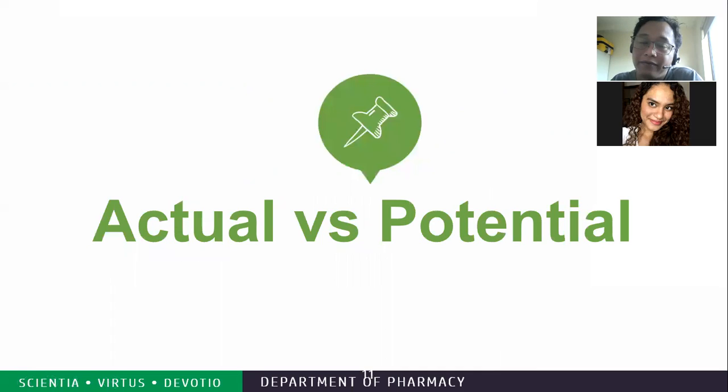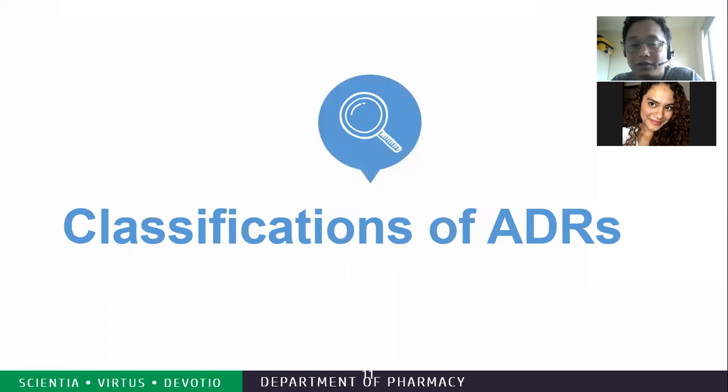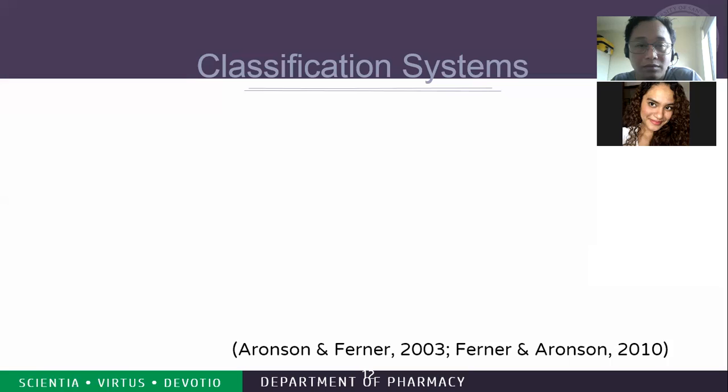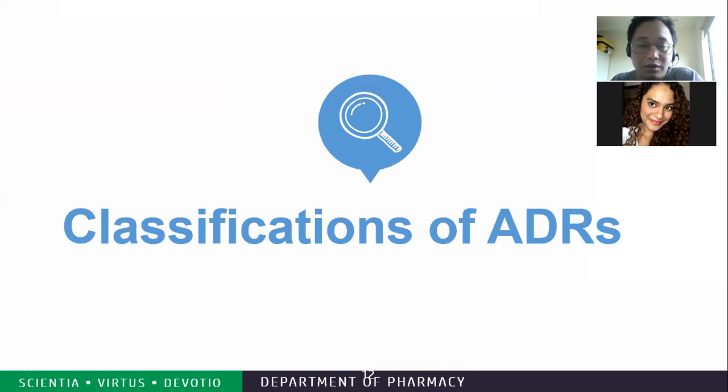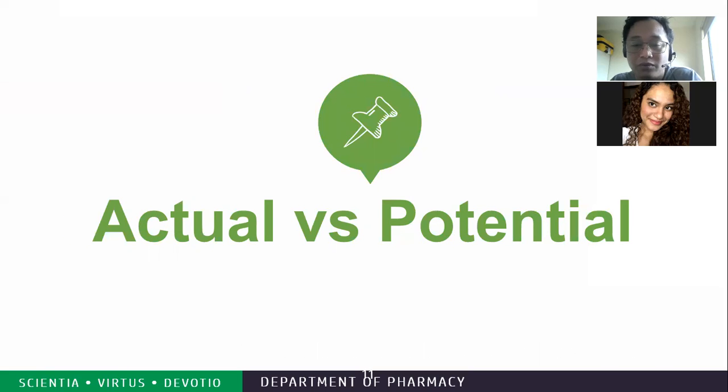So we have the terms also for adverse reactions, the actual and potential adverse reactions. The difference between the actual and potential adverse reactions is that the actual adverse reaction is a reaction that already appears in the patient.